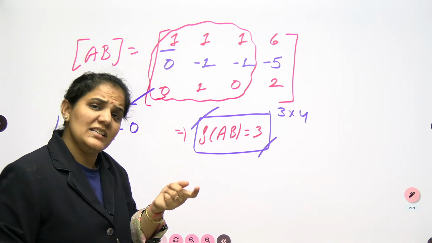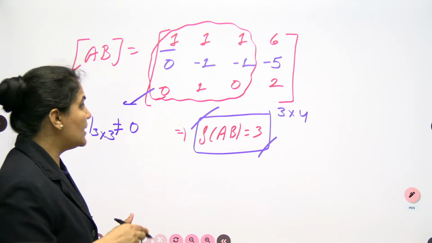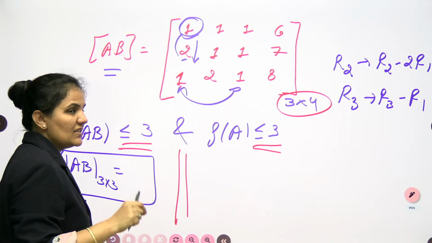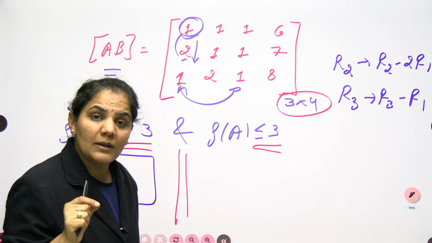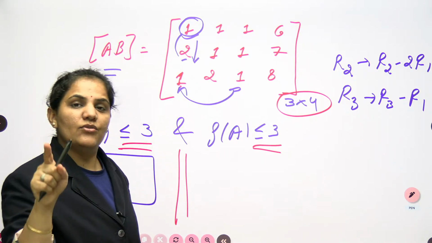Is it giving me the same rank for matrix A? Yes. Because the first 3 columns give me the rank of matrix A and also the rank of matrix AB.